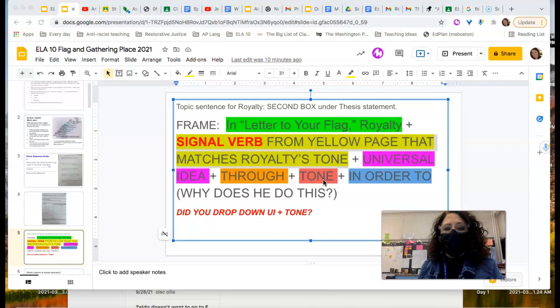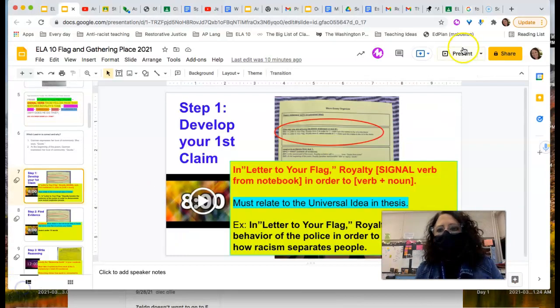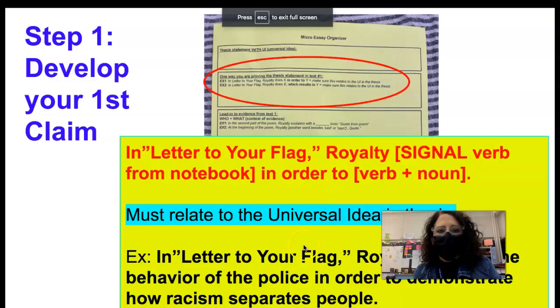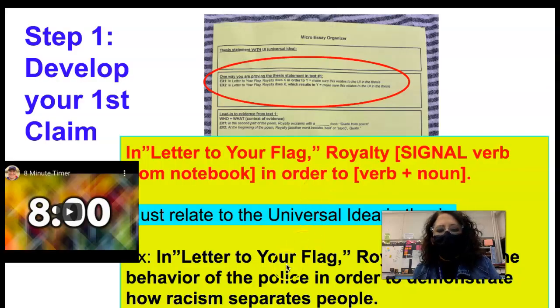And so finally, the in order to pushes you to say, why does Royalty speak with this specific tone, right? So in fact, here is a sample of a topic sentence for Royalty. In "Letter to Your Flag," Royalty berates, that's a signal verb, and it's negative. It matches Royalty's tone. He berates, he strongly, aggressively criticizes. What does he criticize? The behavior of the police.